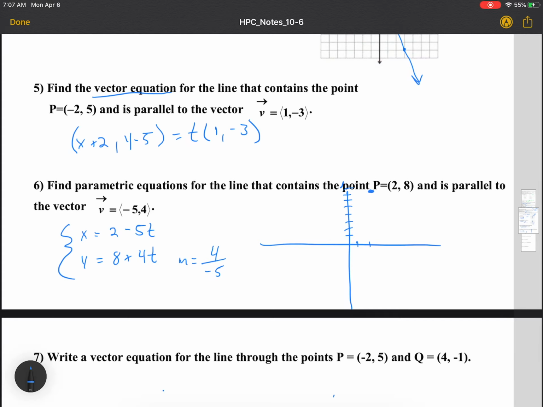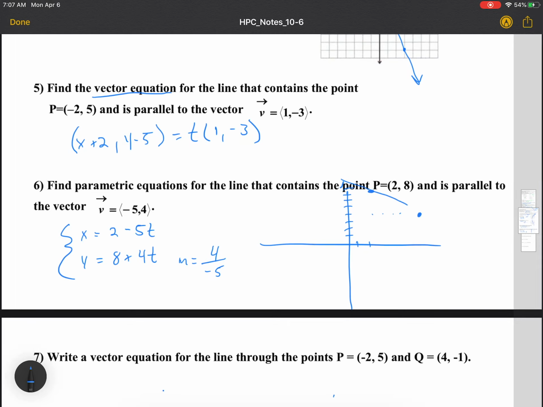Let's take our point. We're going to go down 4 over 5. So we're at 8, 7, 6, 5, 4, and then over 1, 2, 3, 4, 5.